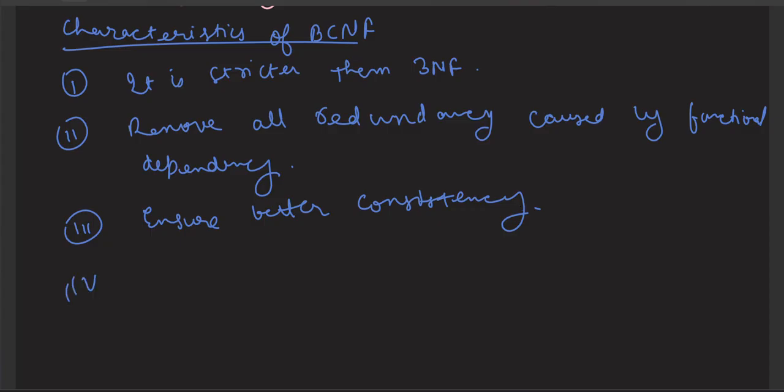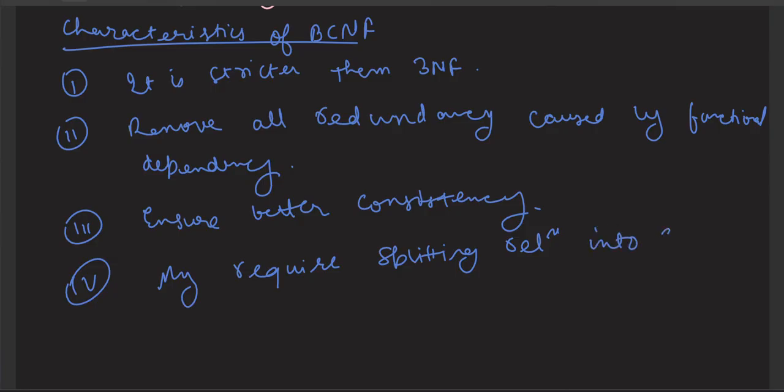And the last one is may require splitting a relation into smaller tables to achieve BCNF. Okay, so I hope I am clear.